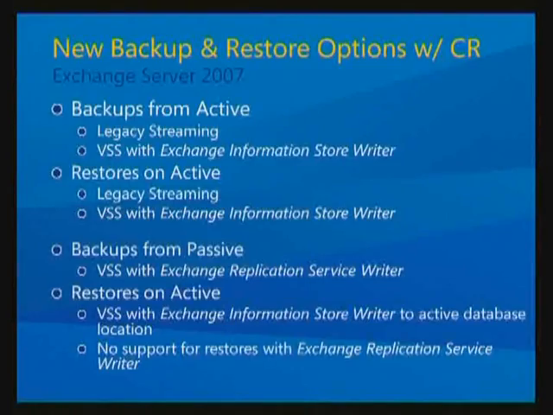With the passive, you can take your VSS backups from there, but you have to restore to the active. You cannot restore to a passive. And backups from the passive are just with VSS. There's no support for streaming.